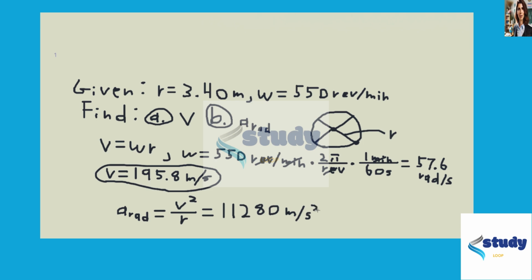But now I want the answer in g's, okay? So I know 1 g is the acceleration of gravity. So g is equal to 9.81 meters per second squared. So I can get the number of g's of acceleration by taking the 11,280 and dividing by 9.81. So it's going to give me the g's of acceleration.